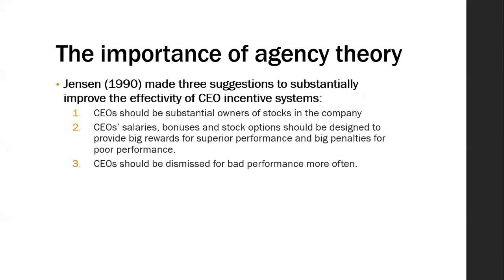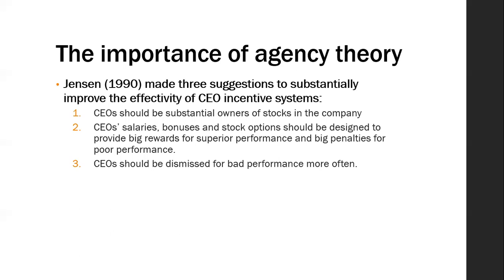Okay, that's why agency theory is important. And according to a study by Jensen in 1990, yung CEO incentive systems and CEO compensation systems should not simply be basta may stock options pwede na or basta may bonuses pwede na. Okay. According to Jensen in 1990, for CEO incentive systems to be effective, it should do these three things.